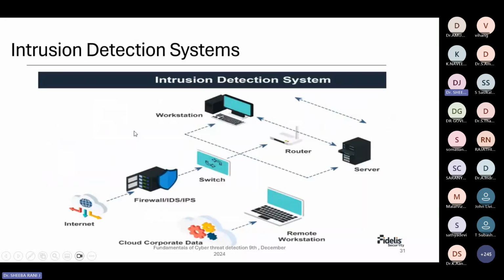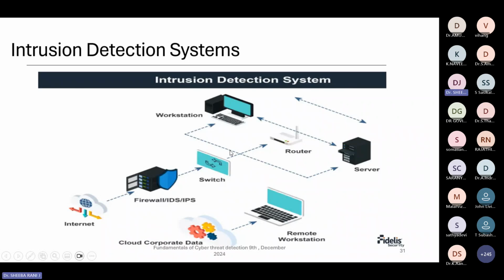In cybersecurity or in data mining, we'll be having detection. Here we are using the word intrusion detection. So the internet is there, the firewall is there, and an intrusion detection system is there in that firewall.